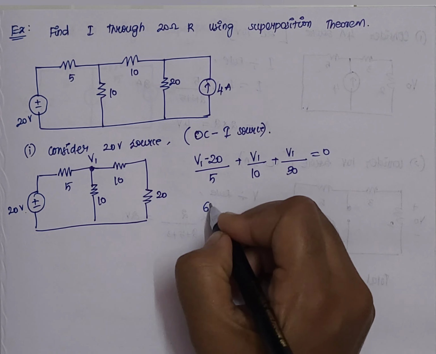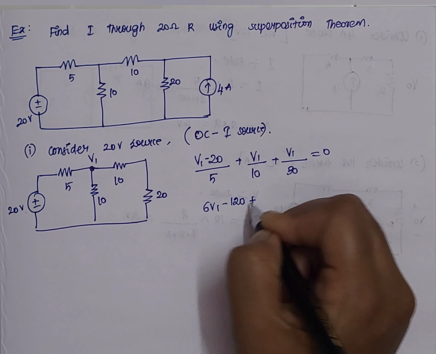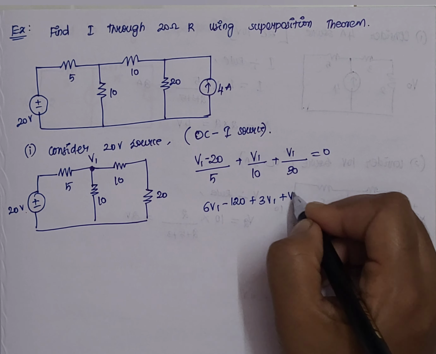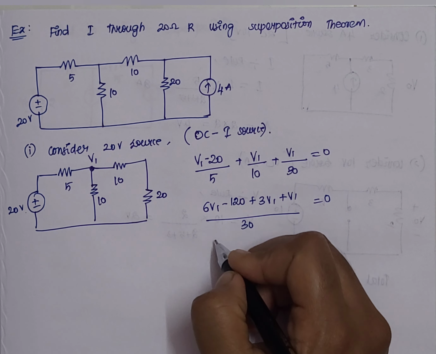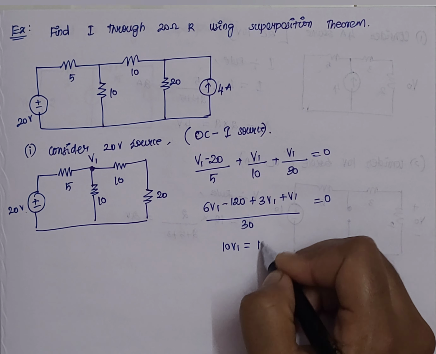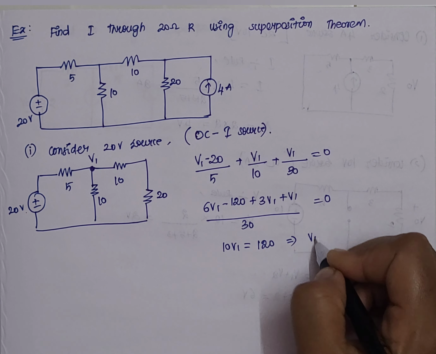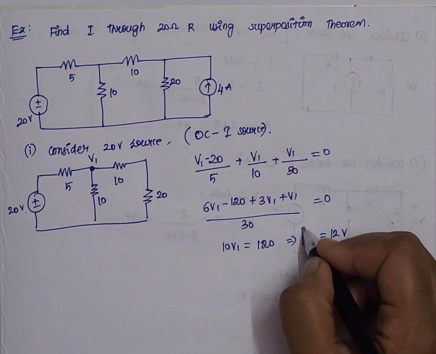Solving this, we will get 6V1 minus 120 plus 3V1 plus V1, divided by 30, equal to 0, which means 10V1 will be equal to 120. So the value of V1 will be equal to 12 volt.